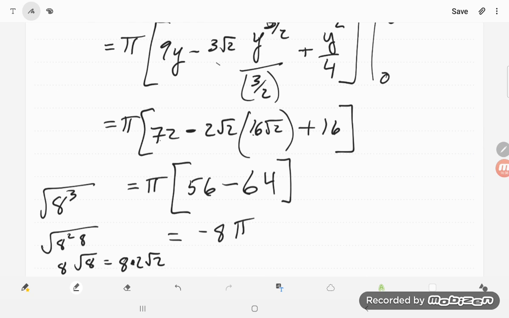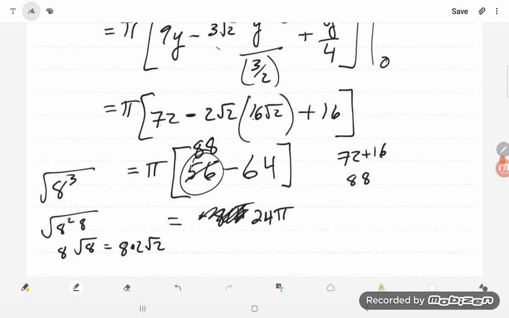All righty. Well, at least everything I did up there, as crazy as it was, was just fine. Right here, silly me, 72, not minus 16, but plus 16. So that's 88. So 88 minus 64 ends up being 24 pi.